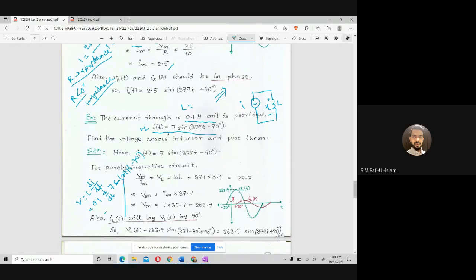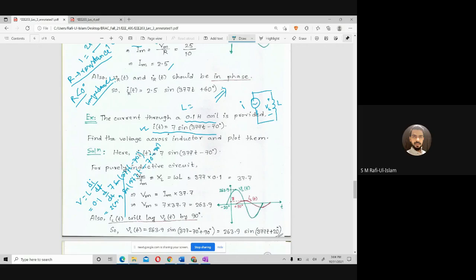I will do the differentiation, and I think it should be like this, if I'm not wrong: 263.9, then sine would become cosine, so 377 t minus 70 degrees plus 90 degrees.